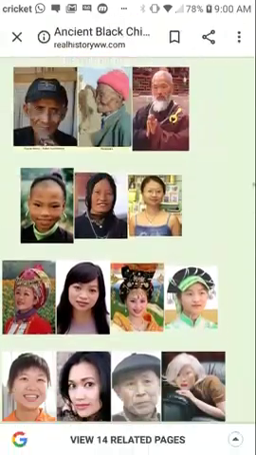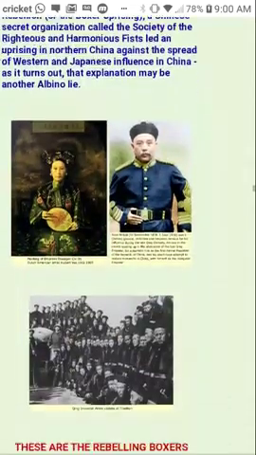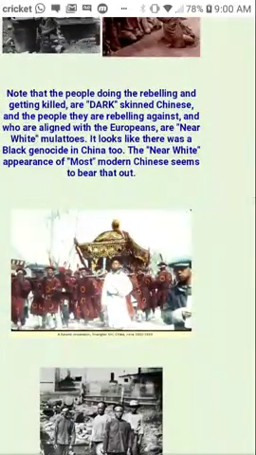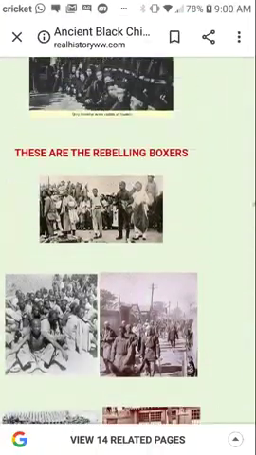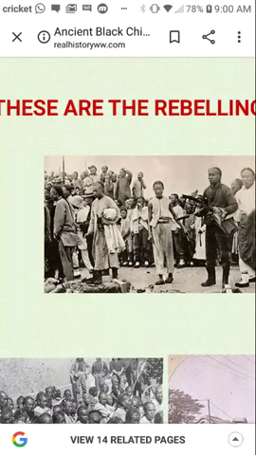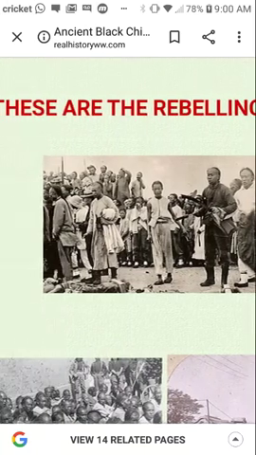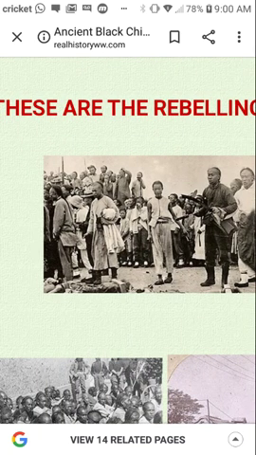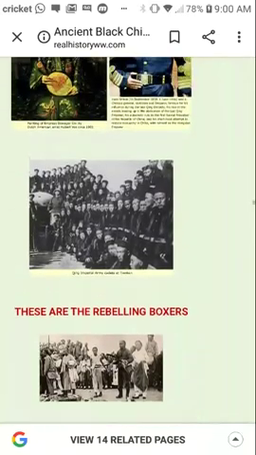You have different pictures, and these pictures basically show you the original blacks of China. Okay, these are the rebellion boxers.